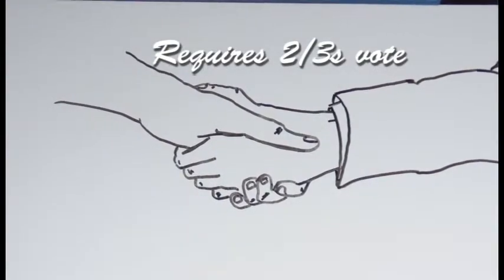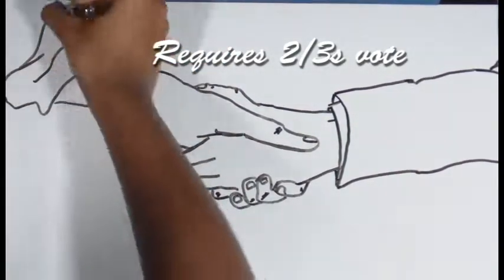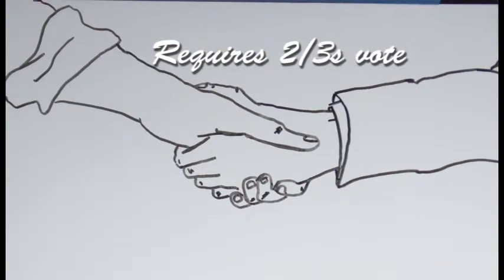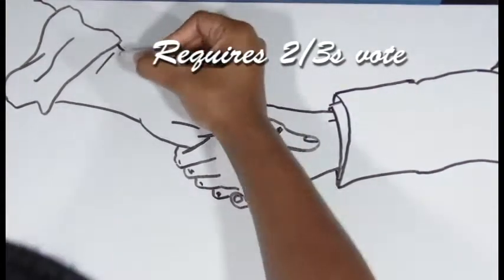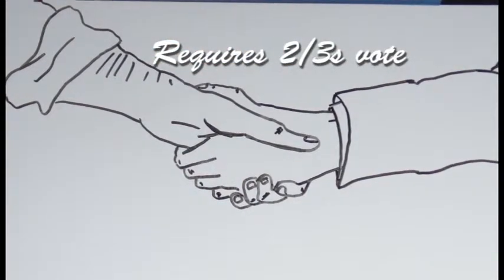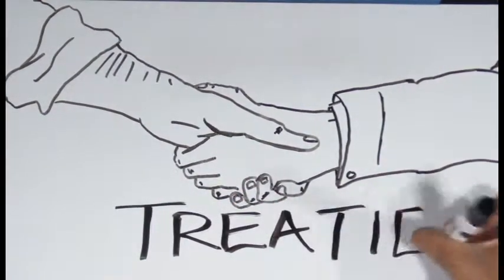And because you need a vote, Congress can kind of slow down that process and bog it down, and that'll kind of make the president think twice about it, and he'll want to amend it a little bit to make it a little easier for them to pass. And then if they like the changes he's made, they'll pass it. Then a treaty is formed. Foreign policy.